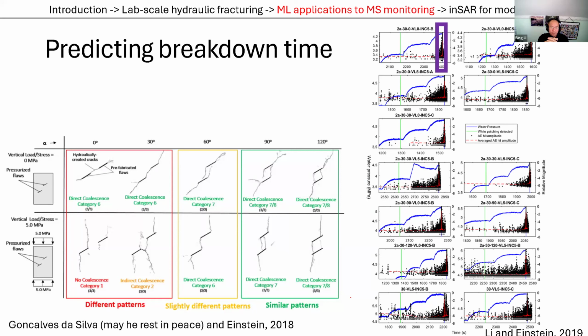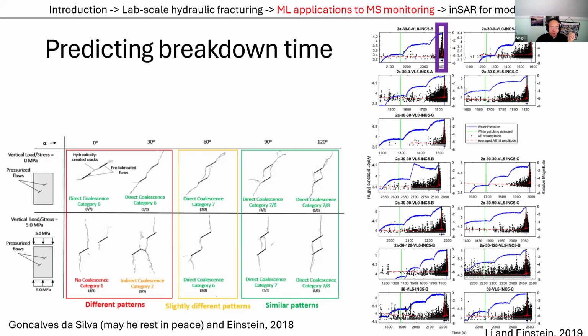So here I'm talking about a set of granite hydraulic fracturing experiments that have been done by Bruno Gonçalves da Silva, who was taken from us far too early. May he rest in peace. We have a set of about 20 hydraulic fracturing experiments in granite.